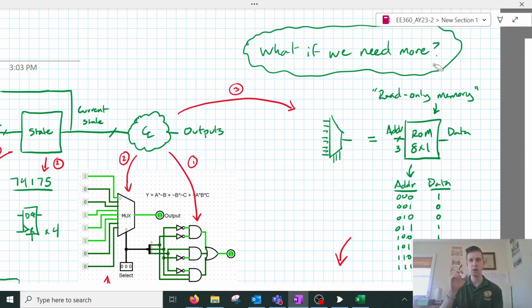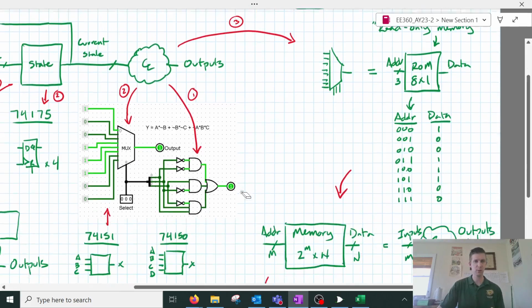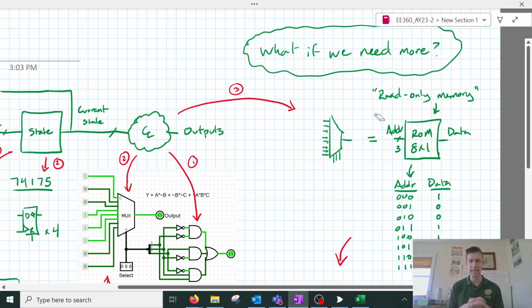What I want you to think about now is that these multiplexers we're using to implement 3 and 4 variable logic, we could almost consider a very small form of read-only memory.